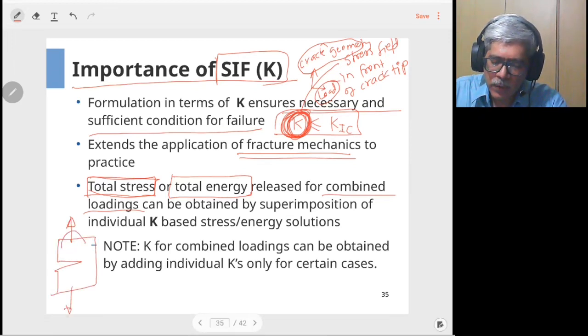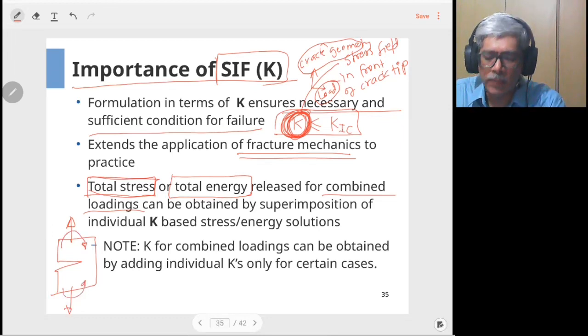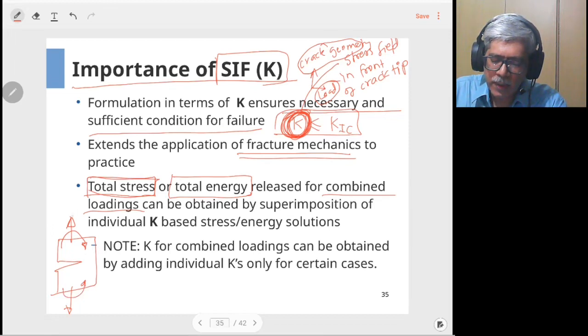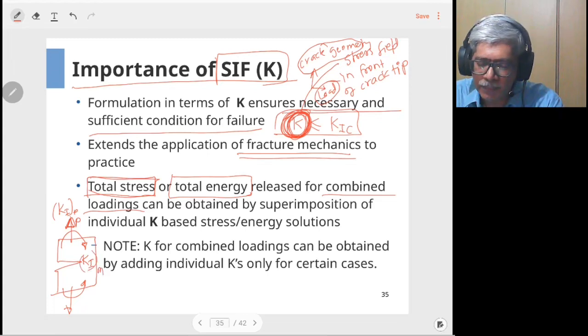Again under mode 1 you have bending loading, which is bending this particular beam. You will get the stress intensity factor corresponding to the axial force. If this load is P, it will be K1P. Corresponding to the bending moment, you will get another stress intensity factor K1, let's call it K1M.